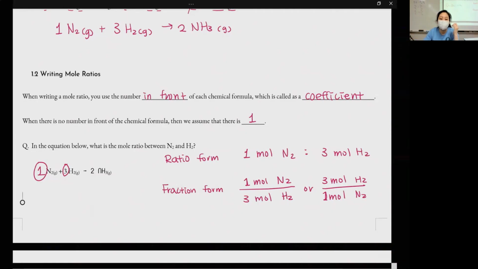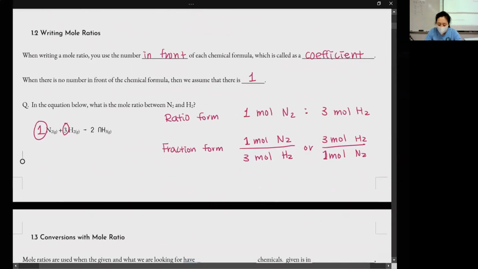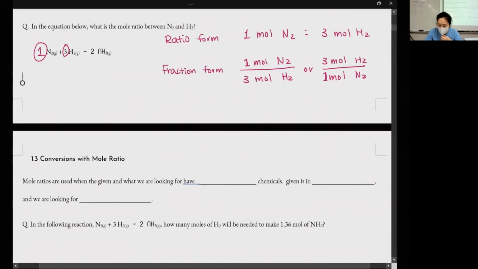All right, now we're gonna move on to skill number 1.3, which is using the mole ratio. The reason why we write out the mole ratio is because we want to be able to convert between mole of one chemical to mole of the other chemical. So 1.3, mole ratios are used when the given and what we're looking for have different chemicals.